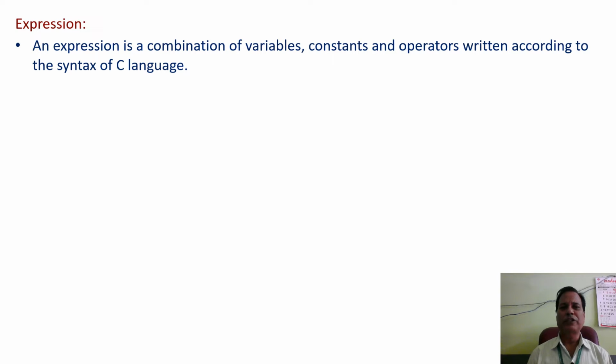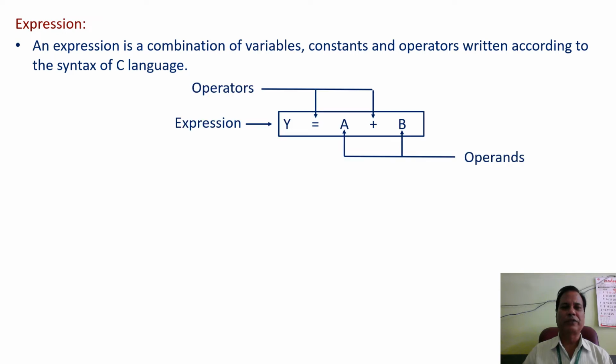An expression is a combination of variables, constants and operators written according to the syntax of the C language. Now if we see this diagram, we see that an expression y equal to a plus b is written.